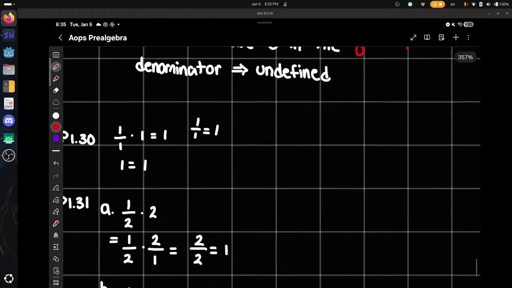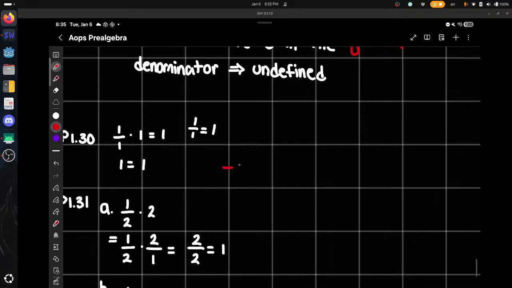Well, they're saying to use that definition. How can we get 1? Well, not anything, but when we multiply 1 times 1, we get 1. We don't need to do more, because we know that's really just 1. Okay, so we got that covered.